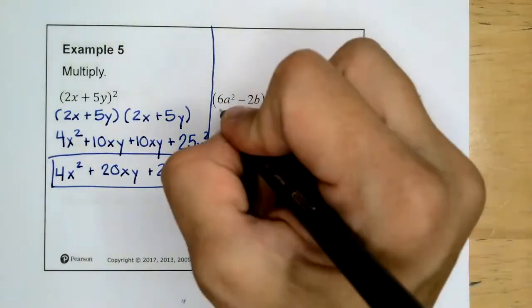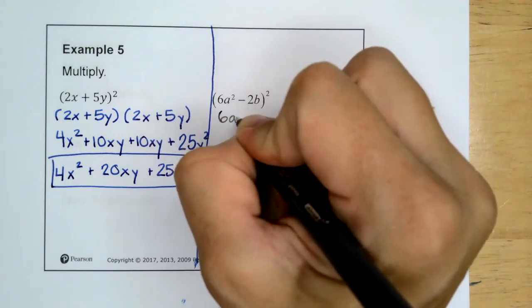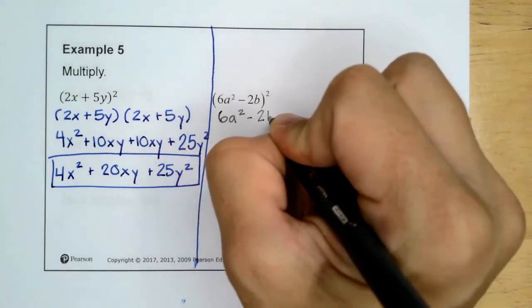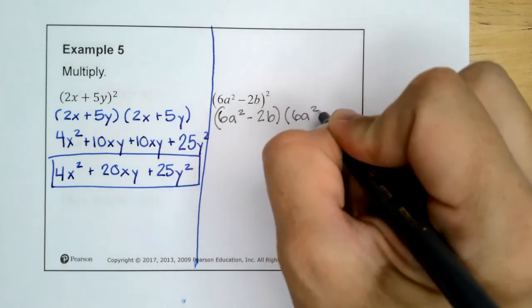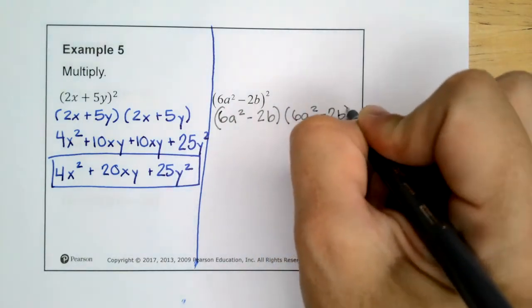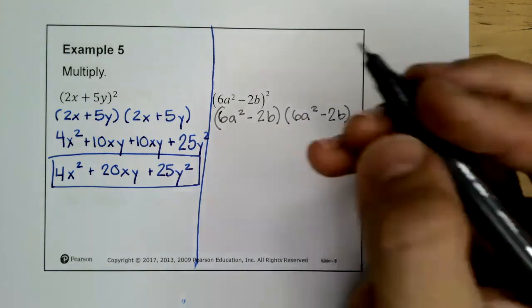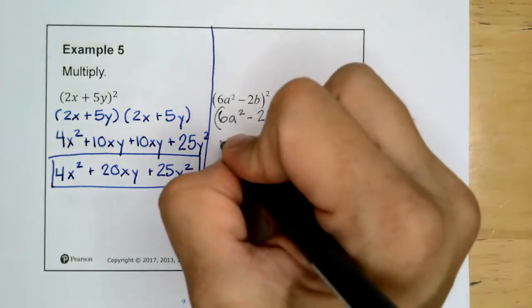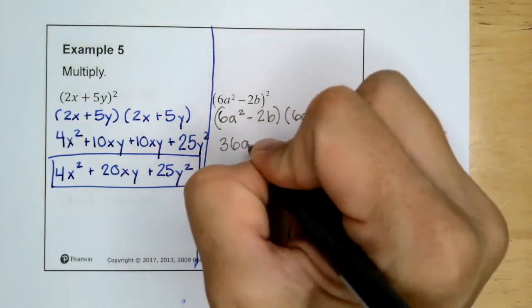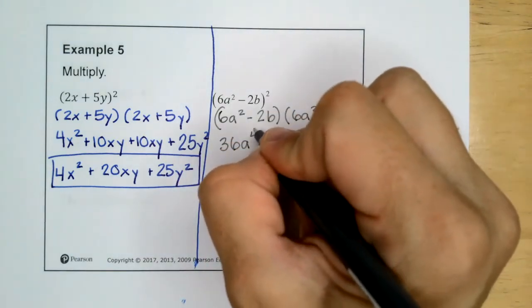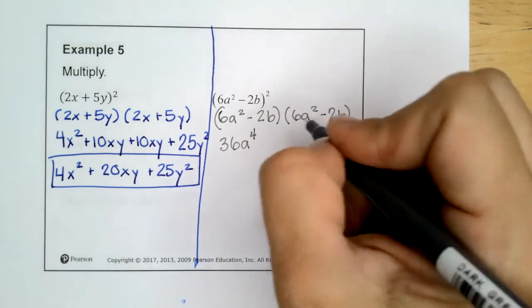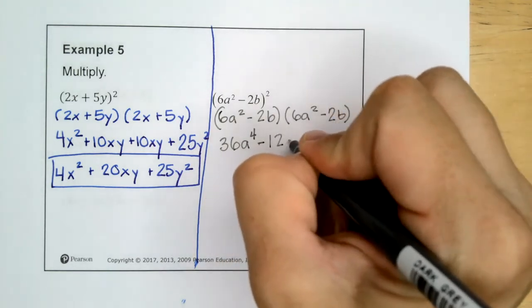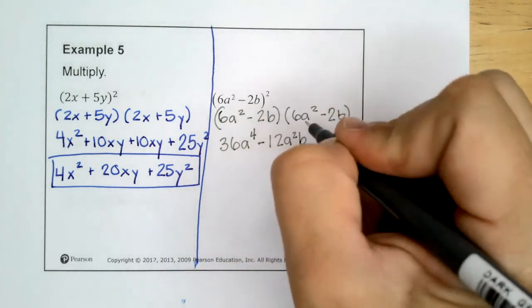Over here we have 6a squared minus 2b times 6a squared minus 2b. 6 times 6 is 36a to the 4th, right? Because they were already squared. 6a squared times negative 2b is negative 12a squared b.